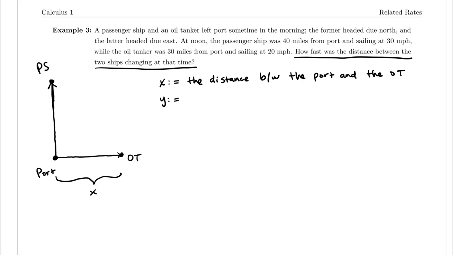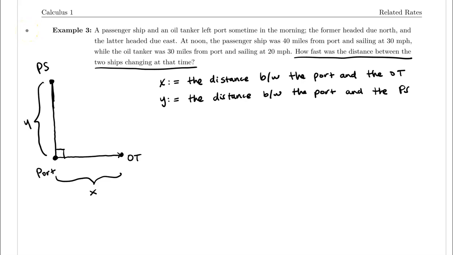And I'm going to define y to be the distance between the port and the passenger ship. So in my diagram, I'm going to label this as my y value. It's the vertical distance here between the passenger ship and my port.